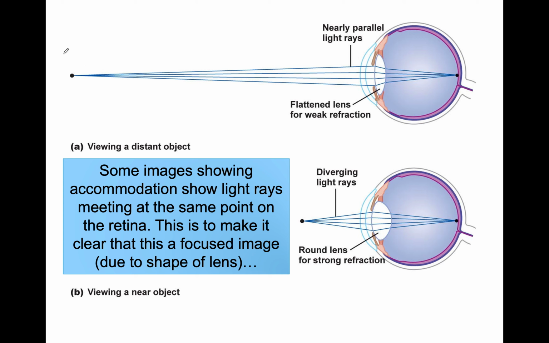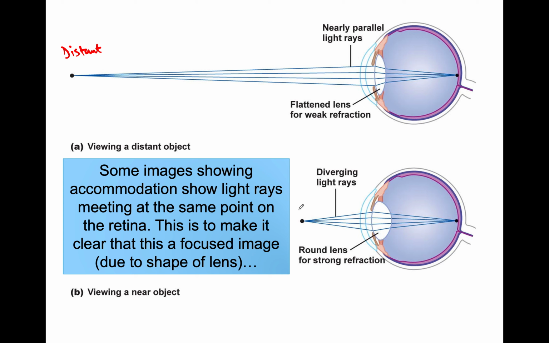So a distant object with its close to parallel light rays can be refracted by a flattened lens. So a flattened lens is one which is under tension. Okay, as tension is placed upon the lens, it will become more flattened and less circular, less spherical.